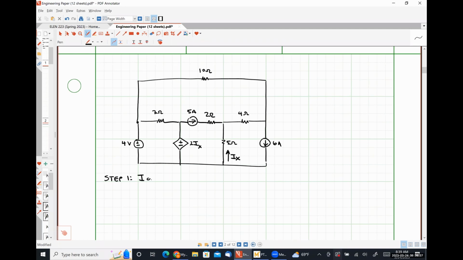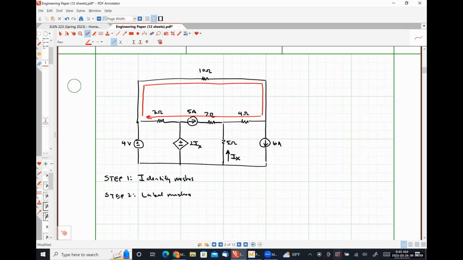Identify our meshes and label our meshes. So this guy right here will be mesh current IA.